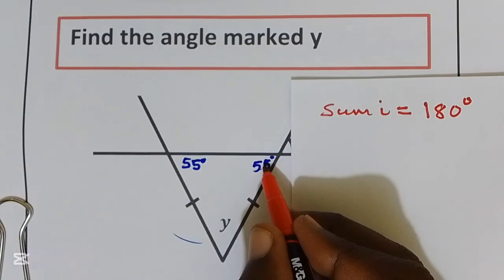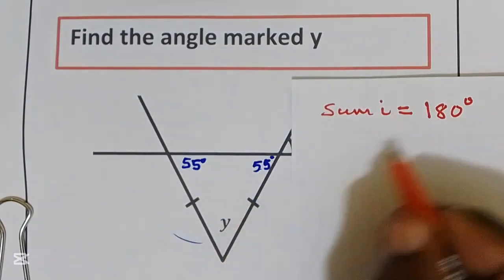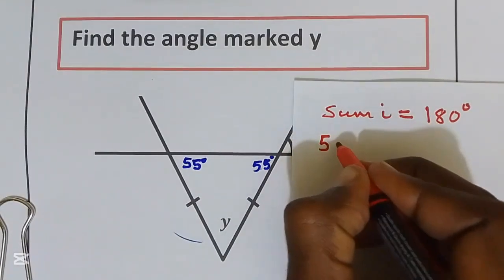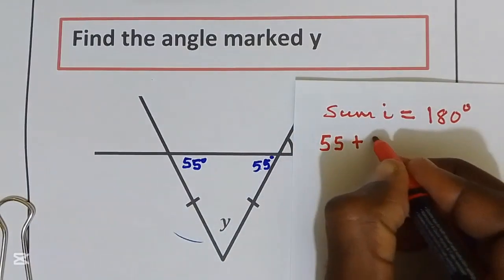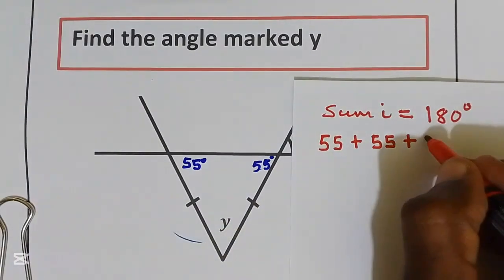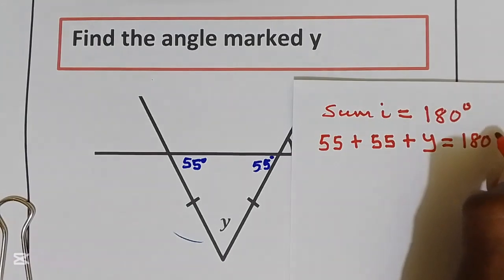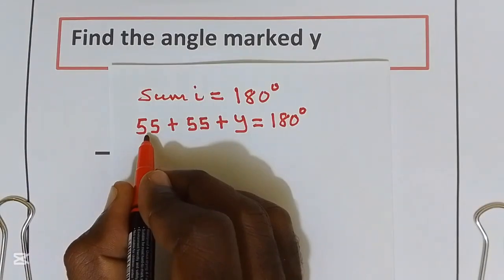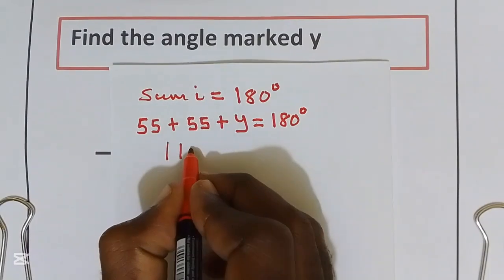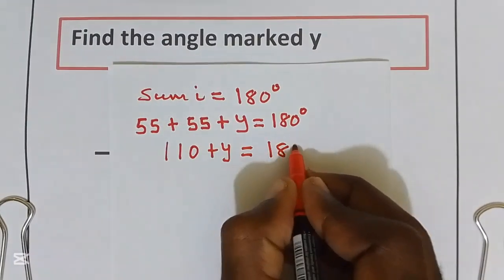Now, 55 plus 55 plus y is equal to 180 degrees. 55 plus 55, we get 110, plus y, this gives us 180.